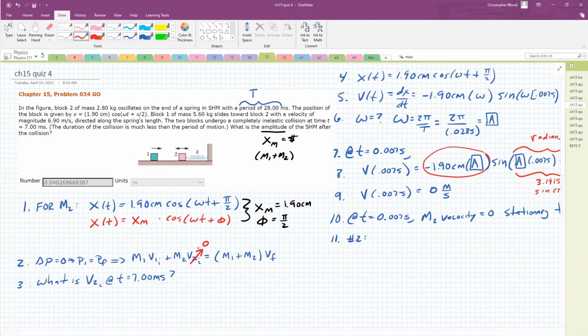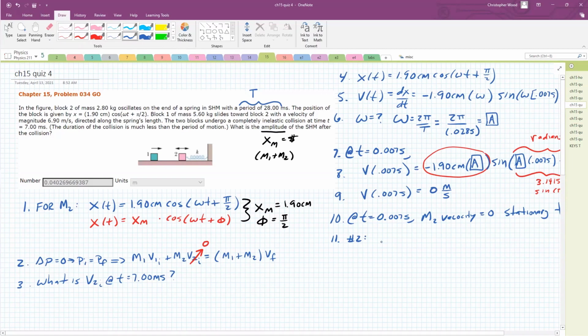If it's any time earlier or later, it doesn't have a 0 velocity, but at that moment, it does. So I'm going to find out the velocity of the combined blocks because they stick together.